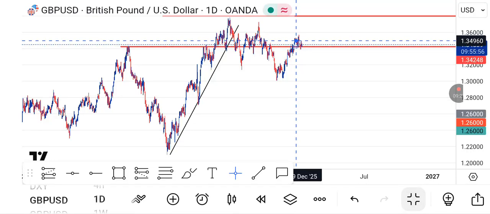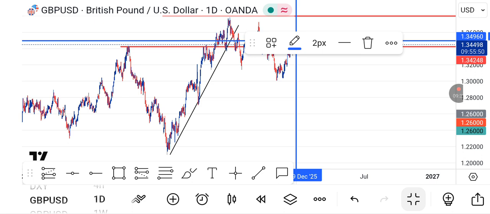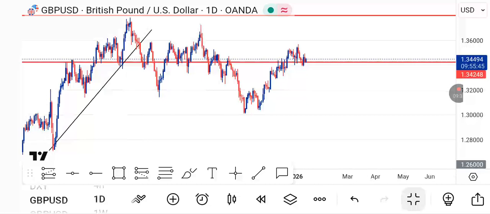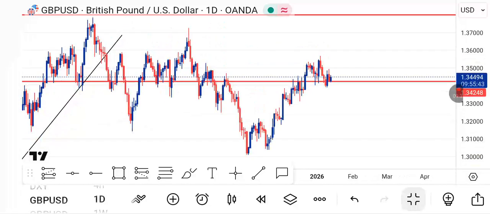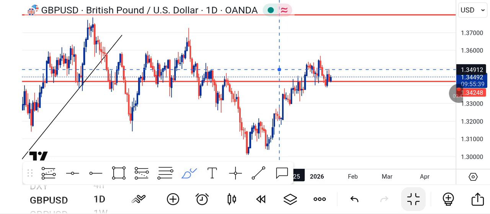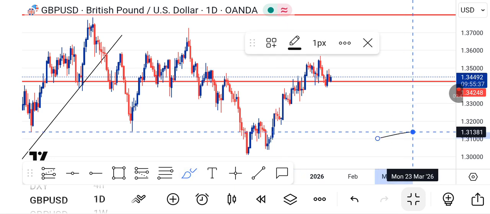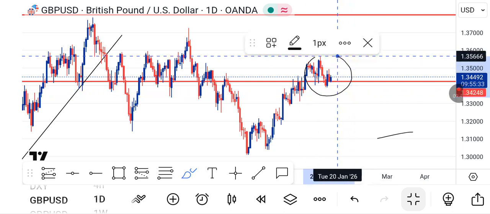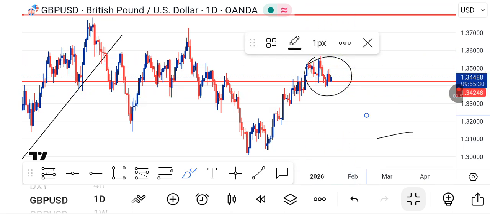So, to look for further analysis, this is the current market.